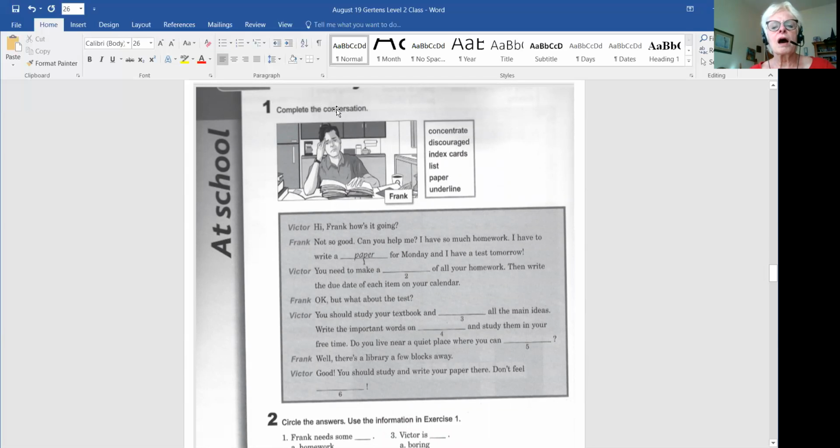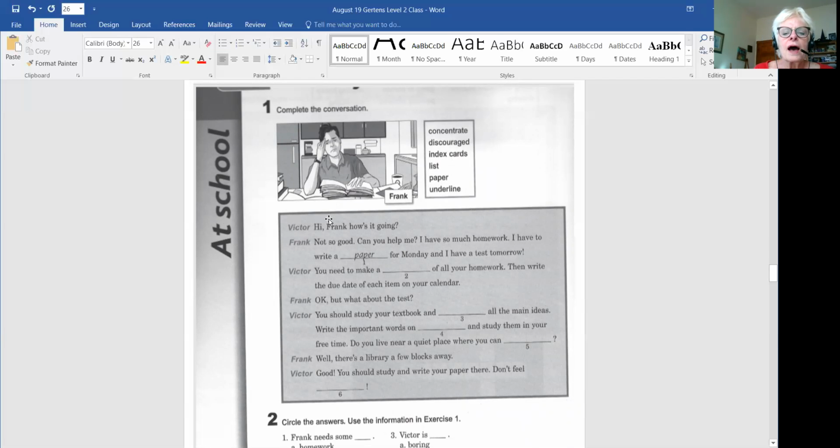Here are those words again: concentrate, discouraged, index cards, list, paper, and underline. So let's review that conversation.